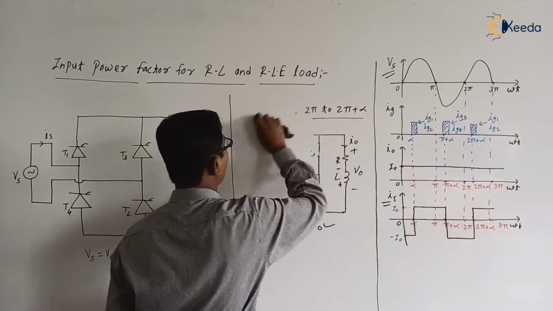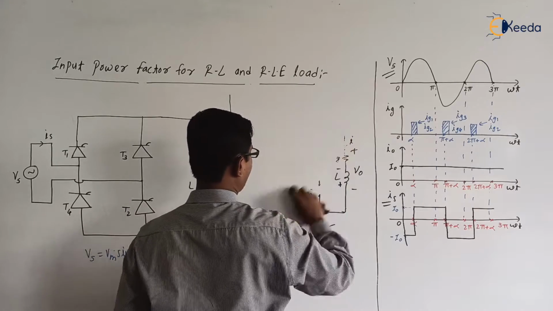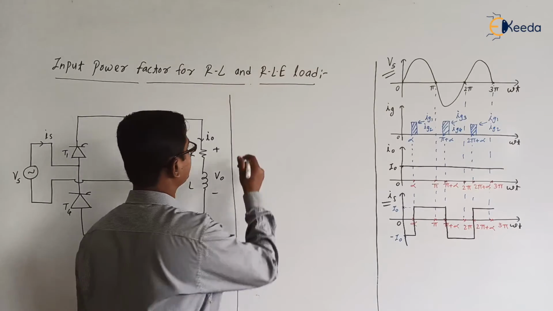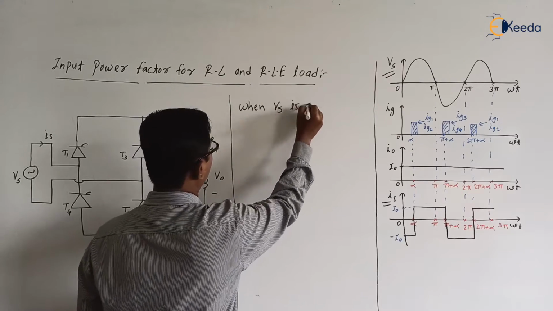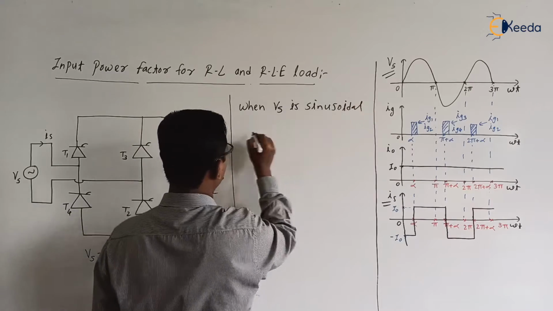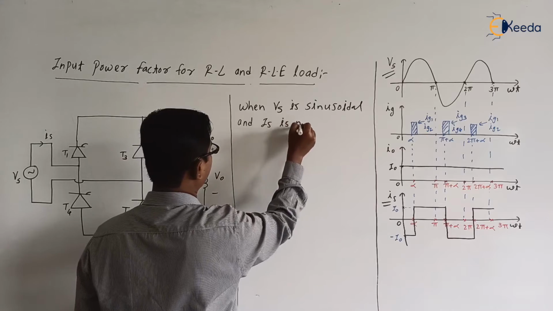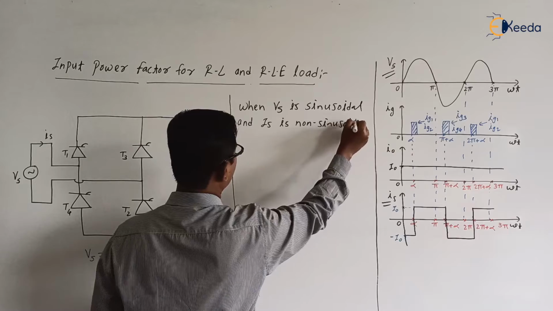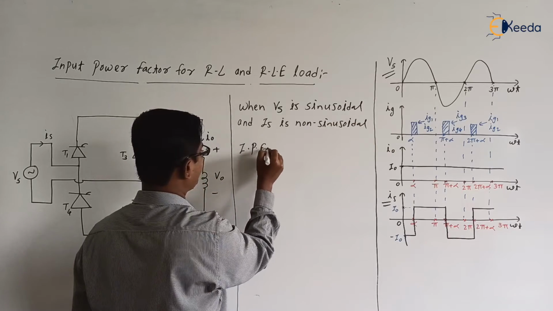So when Vs is sinusoidal and Is is non-sinusoidal, then we can find the input power factor.